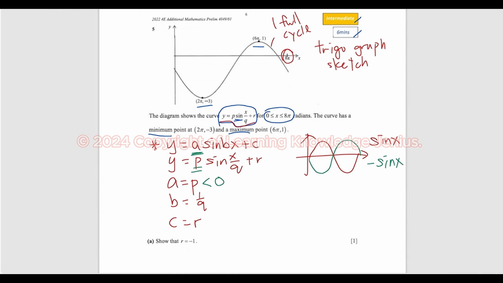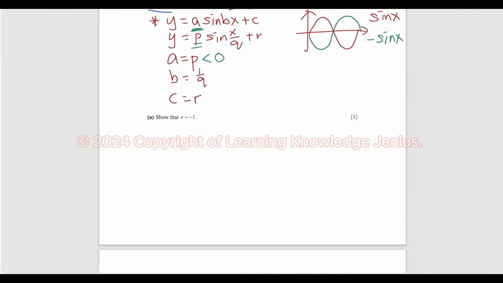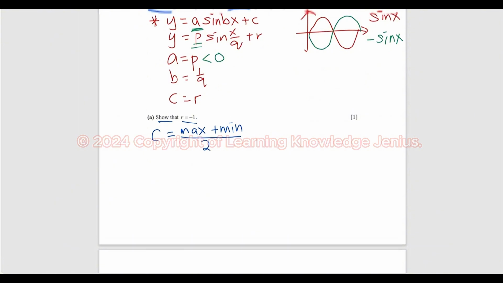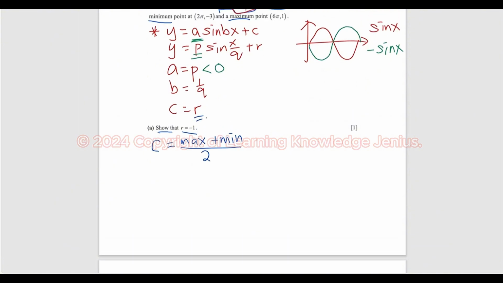Okay, so now we start doing the question. The first part asks us to show that r is equal to -1. In the graph sketch chapter, we have learned that the constant c is equal to maximum plus minimum divided by 2. In this case, c is replaced by r.